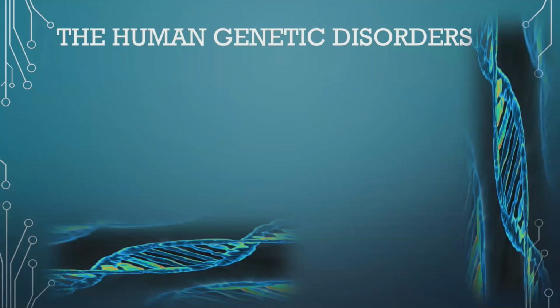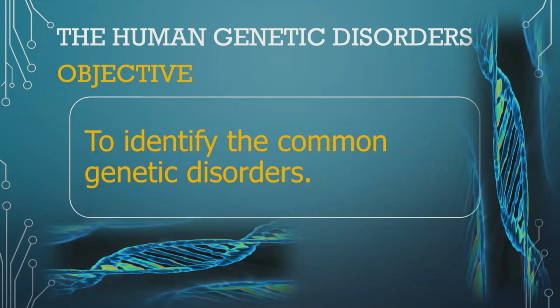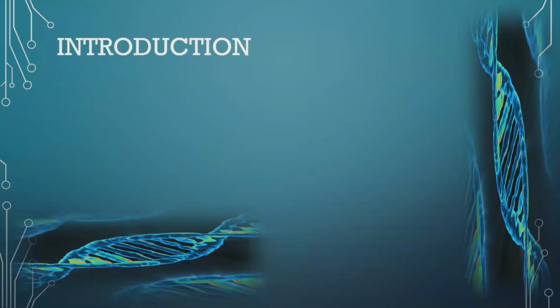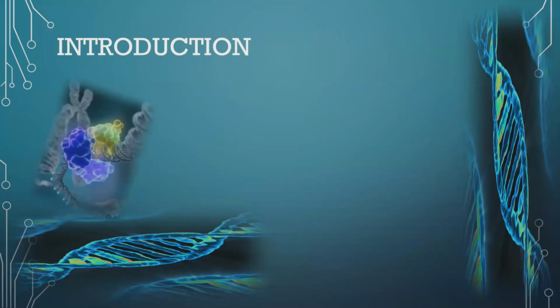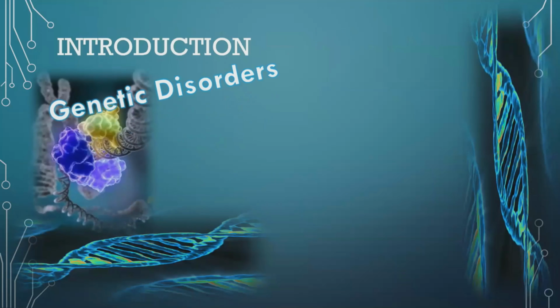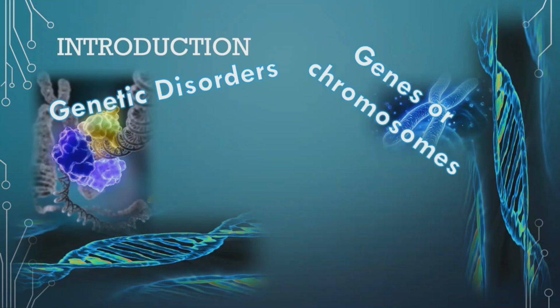The Human Genetic Disorders objective is to identify the common genetic disorders. Many human diseases involve a genetic component. Genetic disorders may or may not be heritable. Some genetic disorders are inherited through genes or chromosomes.